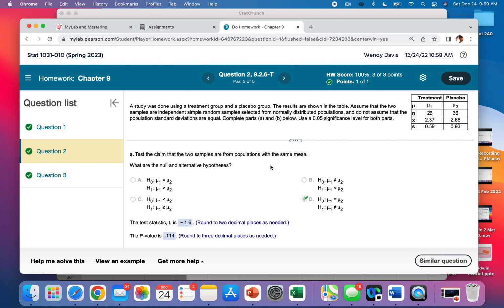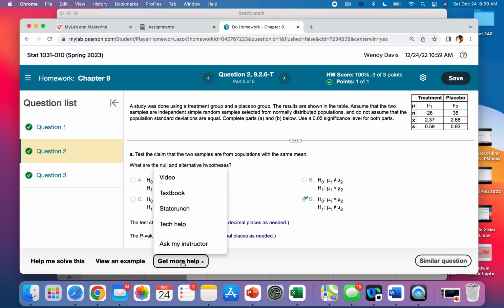It says test that the two samples are from populations with the same mean. That means we're testing that the mean of group 1 is equal to group 2. When you test that they're the same, that they are equal, it's always not equal in the alternative.